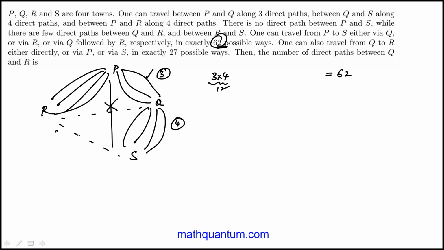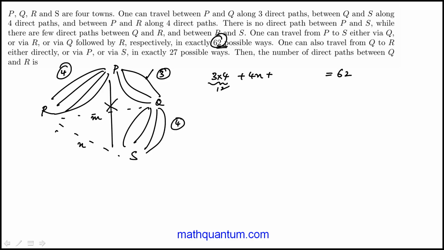What I'm going to do is call m the number of ways to travel between Q and R, and n the number of ways to go from R to S. So if I come back here, from P to S either via Q or via R. If you go through R, that's 4, so that would be 4n.